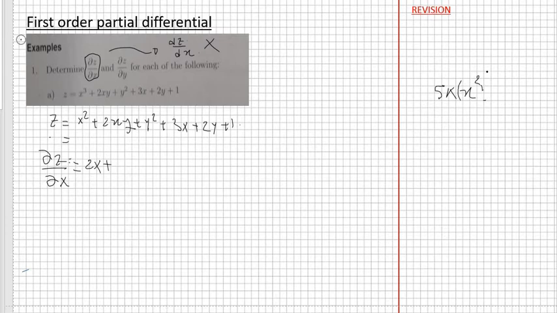So all you need to do is you just consider your x, you just derive your x. The derivative of x squared gives 2x. So you actually have 5k multiplied by 2x, and that gives 10kx.